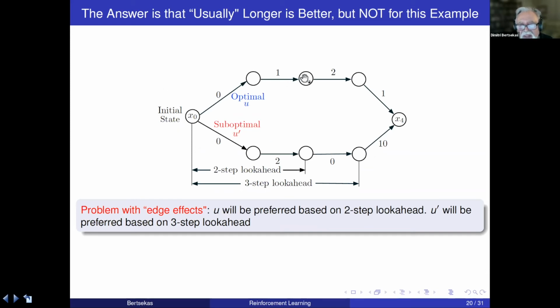Okay, so this branch is preferred to this. Basically, it's the difference between this transition being 2, having a larger cost than this transition, but the bad transition for the suboptimal policy happens after the reach of the three-step look ahead. So that's an artificial example, but it's also interesting to have in mind that there is no theoretical result that says that longer is better.